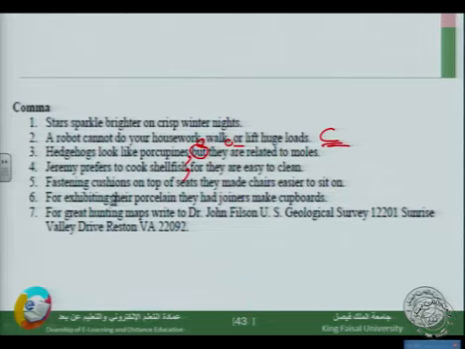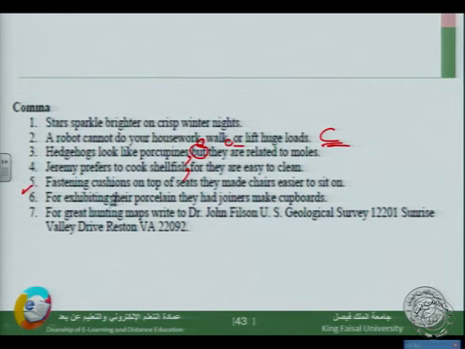For example, fastening cushions on top of seats, they made chairs easier to sit on. I will leave this one for you. And try to remember that we need to put commas between independent clauses.